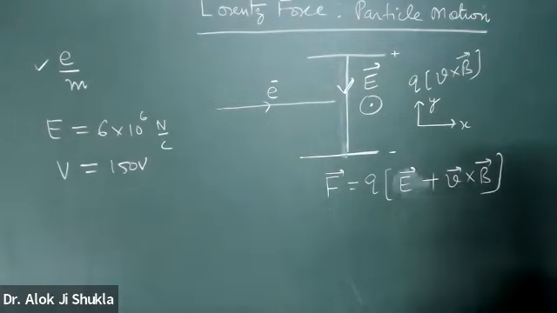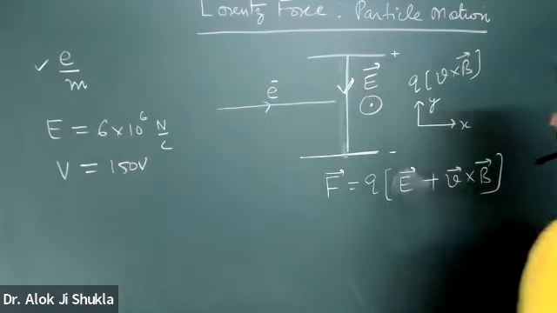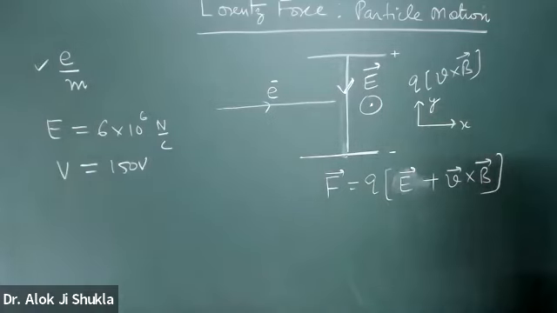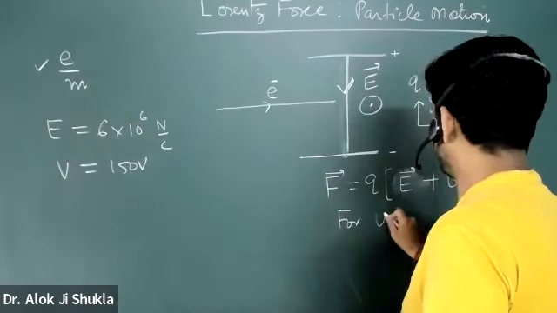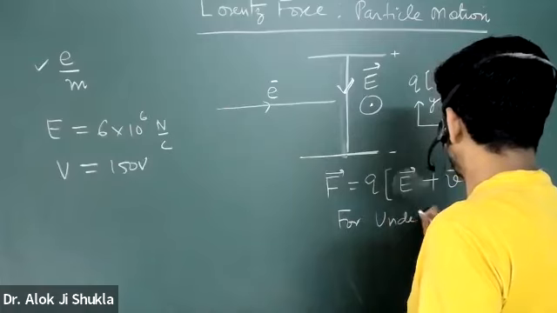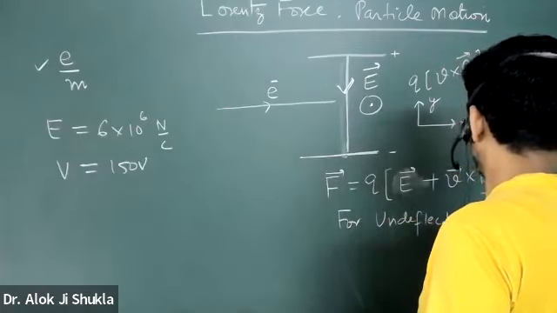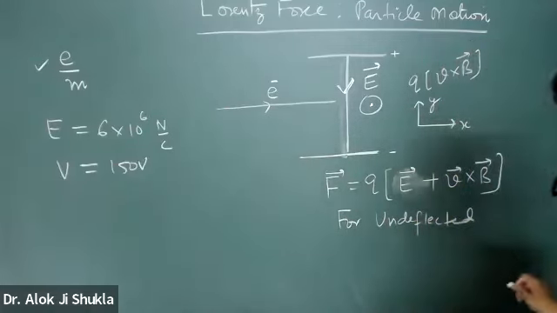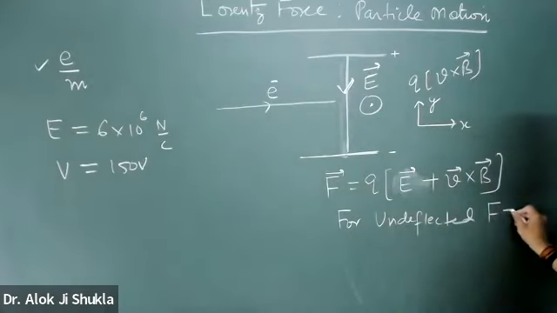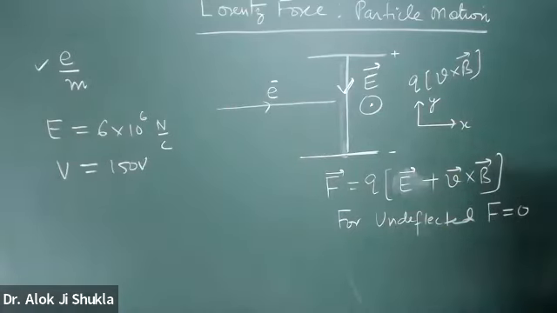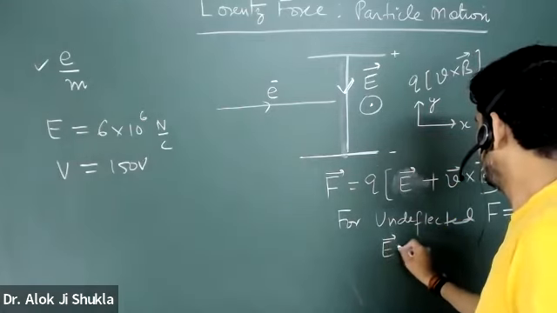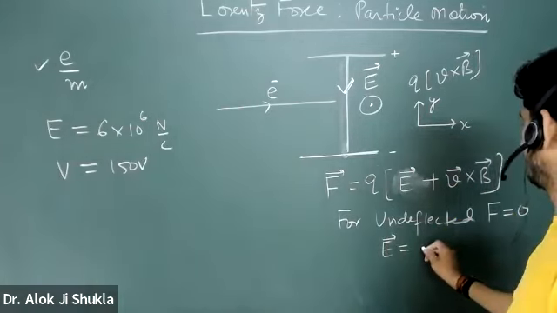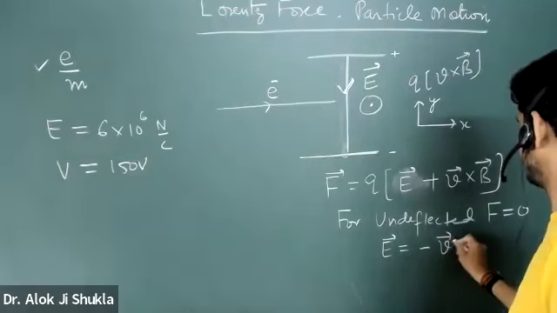So F is equal to Q (E plus V cross B). This is the Lorentz force. If you want it to be undeflected, F is 0. Then you put F is equal to 0, and then your field E will become minus V cross B.